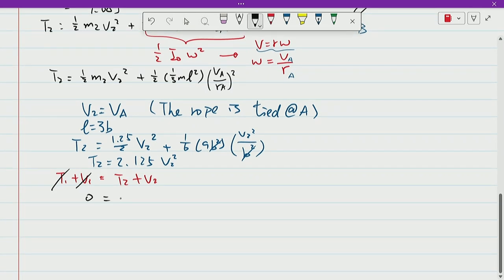On the right hand side, our T2, V. So we get 2.125 V2 squared minus 1.68, giving us a V2 of 0.89 meter per second, which is also equal to VA.